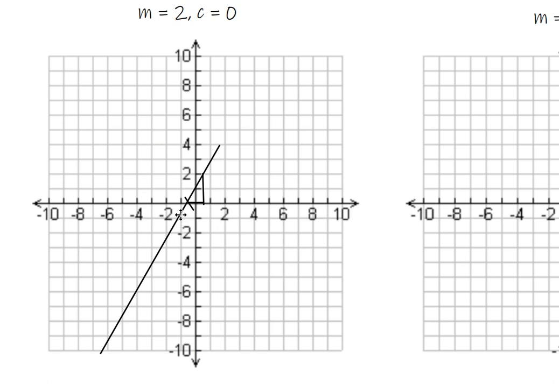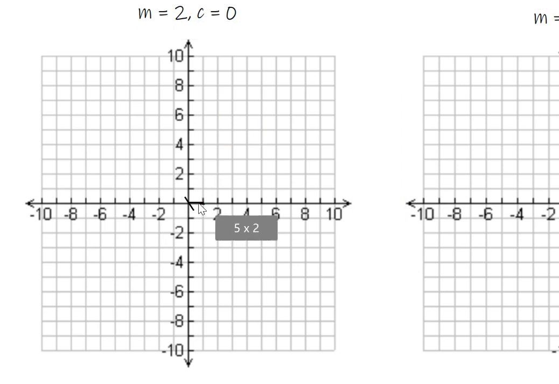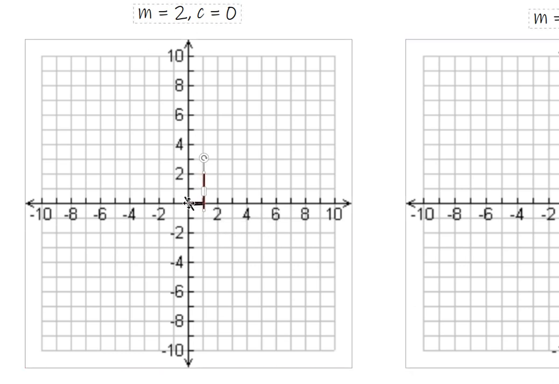Oops, wait, there's a mistake. You have to extend it up to here. I'm really sorry, this line thing isn't working properly. So you go to 1, and then you go up by 2.